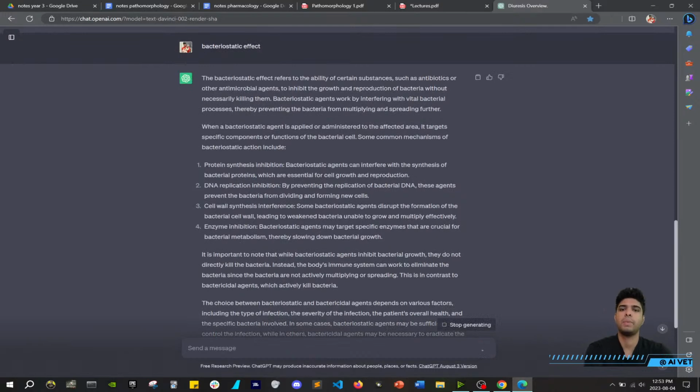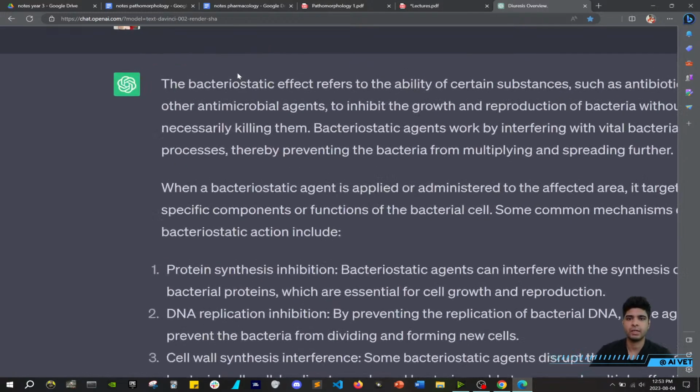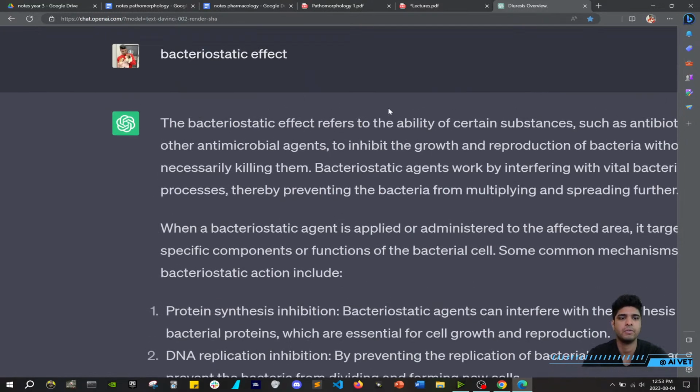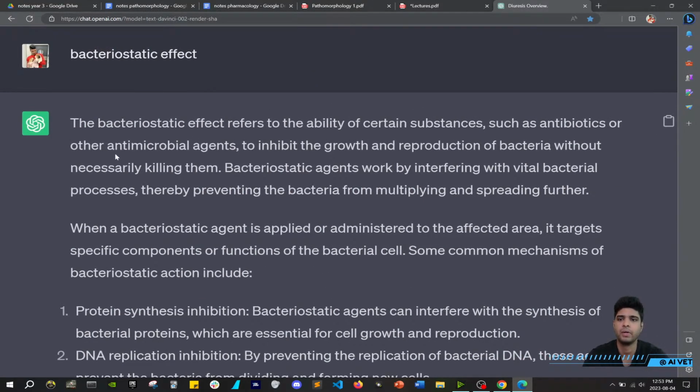So what is bacteriostatic effect? Bacteriostatic effect refers to the ability of certain substances such as antibiotics and other antimicrobial agents to inhibit the growth and reproduction of bacteria without necessarily killing them.